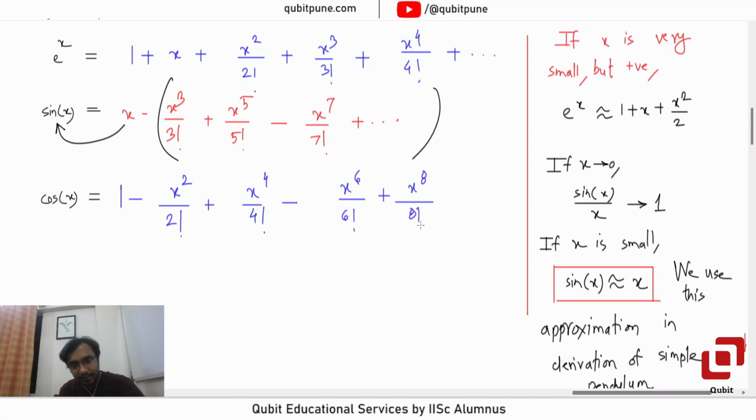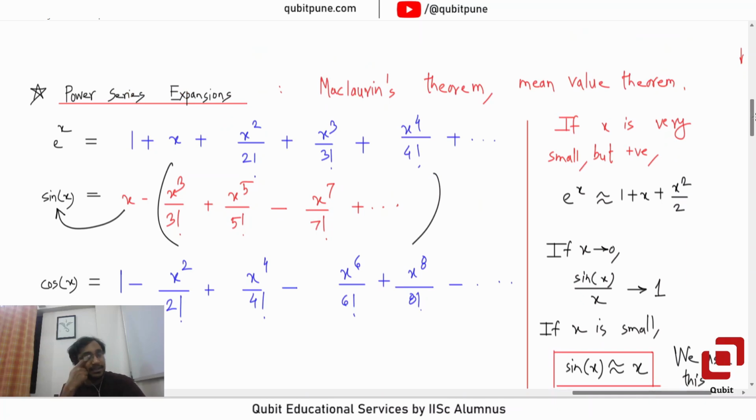Now another feature of these power series expansions is that they also give us the derivatives. If I take the derivative of sin x, I'll get cos x. The derivative of x is 1. What will happen to the derivative of x cube? It's 3x squared, which will cancel that 3, so it will be x squared upon 2 factorial.